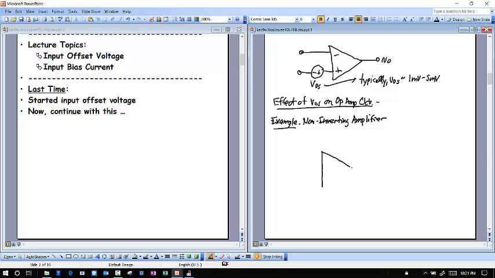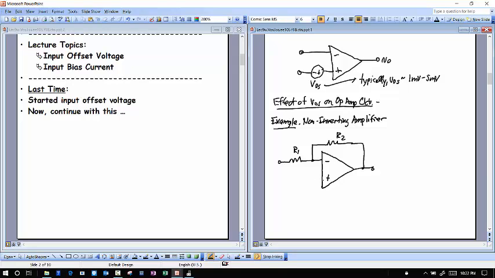So here's our op-amp, and I'm going to hook it up in an inverting amplifier configuration. So here's my inverting amplifier with a resistor coming in, a feedback resistor R2 going from the negative terminal to the output.